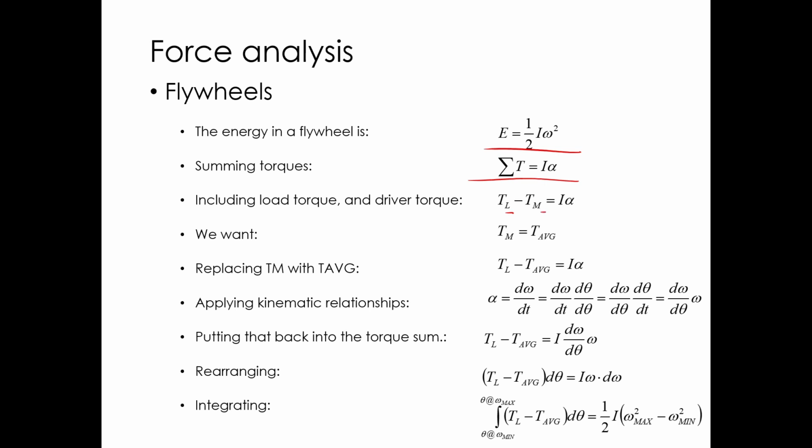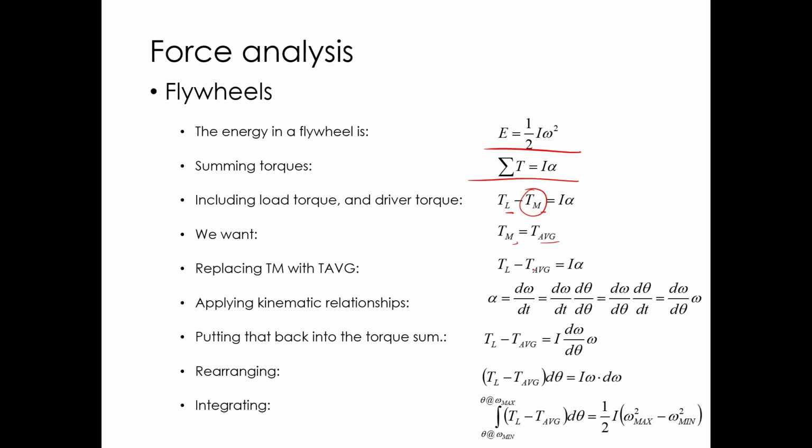They aren't really separate things, but we're going to separate them for this case. Essentially what we want is the torque required to drive this thing to be equal to the average of T_L.